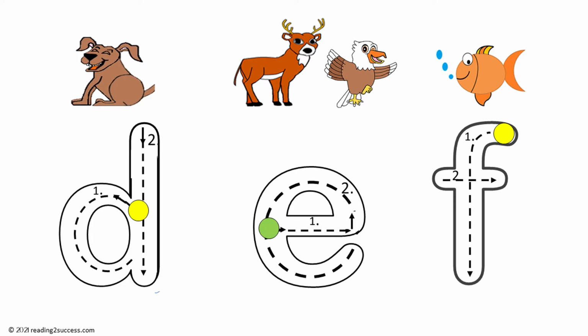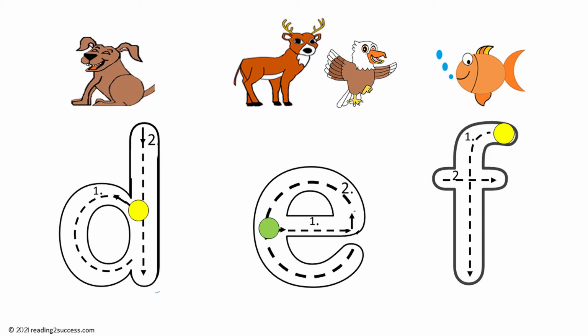E is a vowel and makes 2 sounds. The short sound eh as in elk, and the long sound E as in eagle. And F is a consonant and it makes a F sound as in fish.